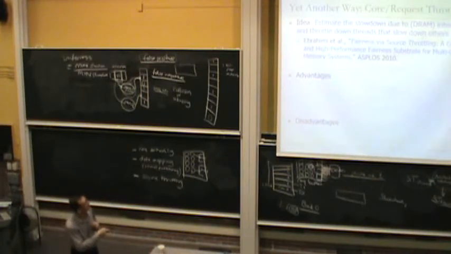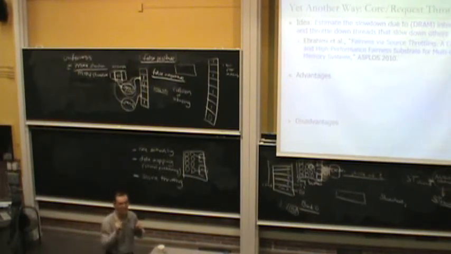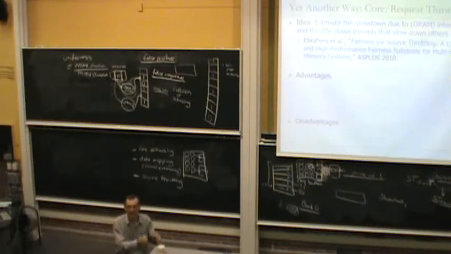And the idea here is figure out if a thread is causing a lot of slowdown to some other thread and throttle back that thread. It's a simple idea. If a thread, let's say the streaming application in the previous example, was causing too much slowdown to some other thread, we could tell its core that is executing the stream application, stop sending requests from this thread for a while.